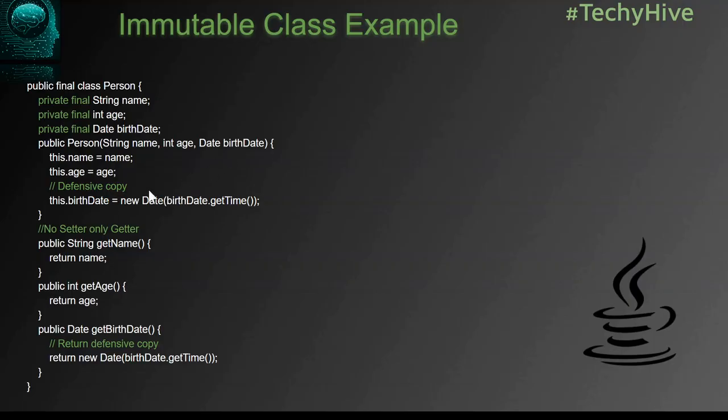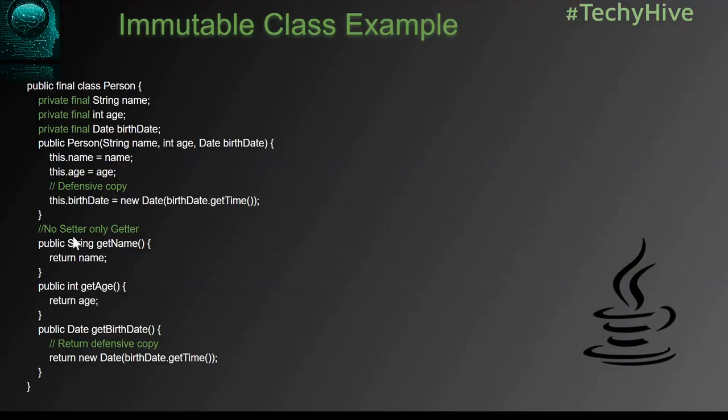So here we are not storing the reference of the date object passed from the other part of the program. If we used the same reference to assign this one, then another program could update the state of the date. So here we are making a defensive copy of the object passed to the constructor of this class.